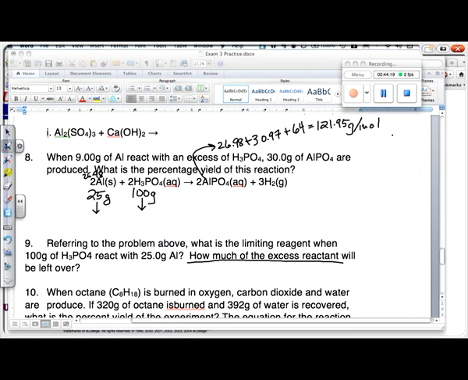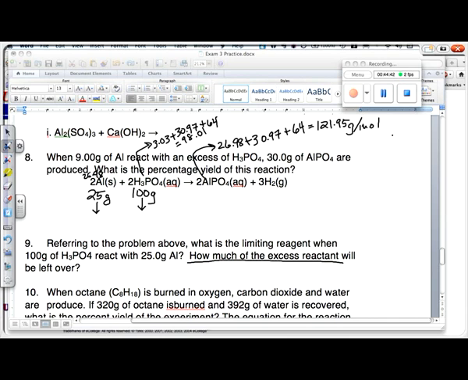My phosphoric acid molar mass will be 3.03 plus 30.97 for the phosphorus plus 64 for the oxygens. And I end up with 98.01.